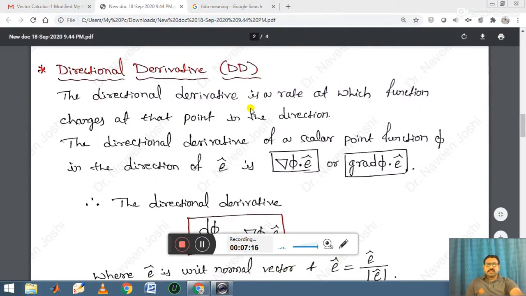The directional derivative is the rate at which a function changes at a point in a given direction.